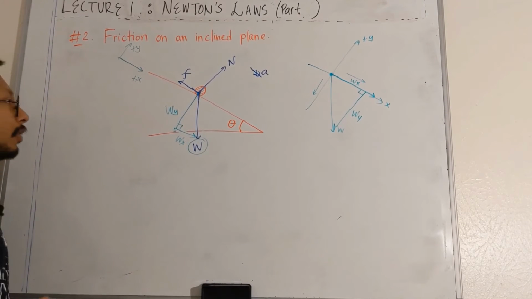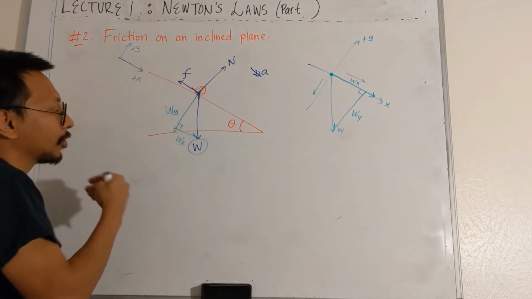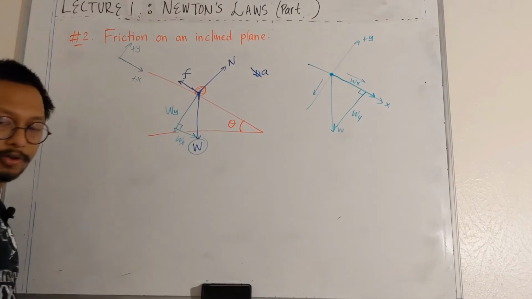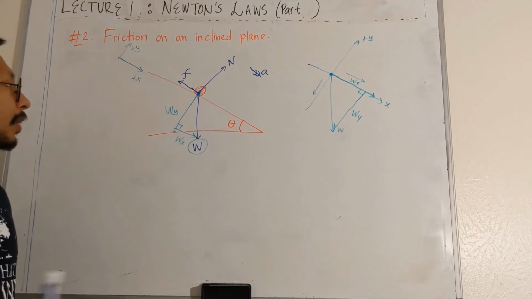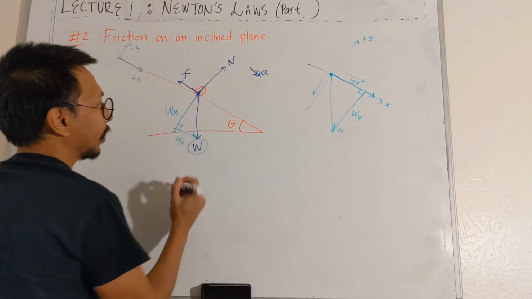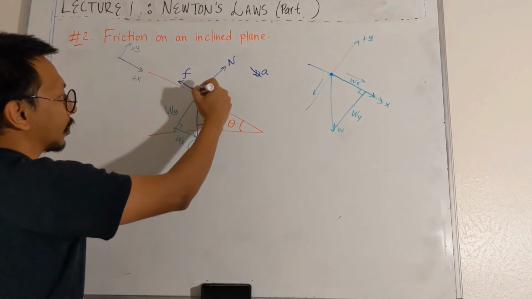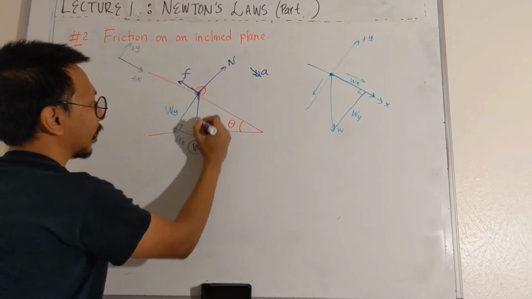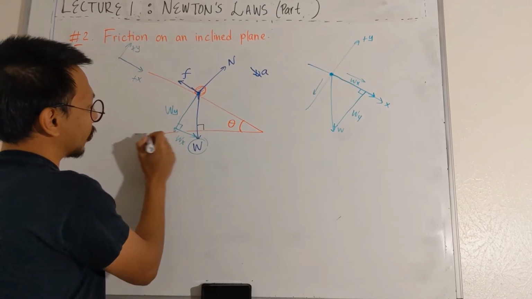Our goal is to find an angle for this triangle, which will allow us to use trigonometric relations. How do we do that? Again, we use geometry. If this is theta, this is 90 degrees, because this is a straight line cutting through the horizontal.